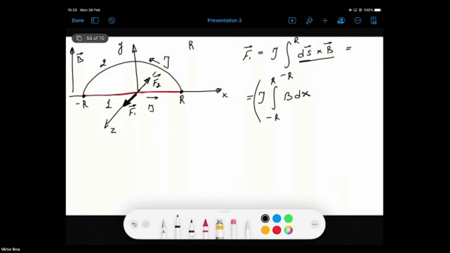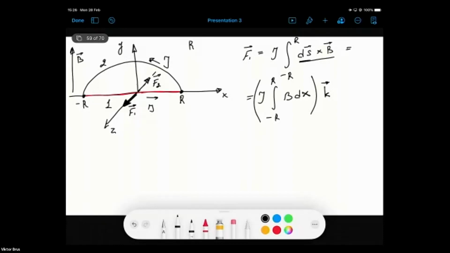And all this we can also multiply by k unit vector, which shows that this F1 vector will be aligned along axis Z that we determined previously with the help of the left-hand rule.